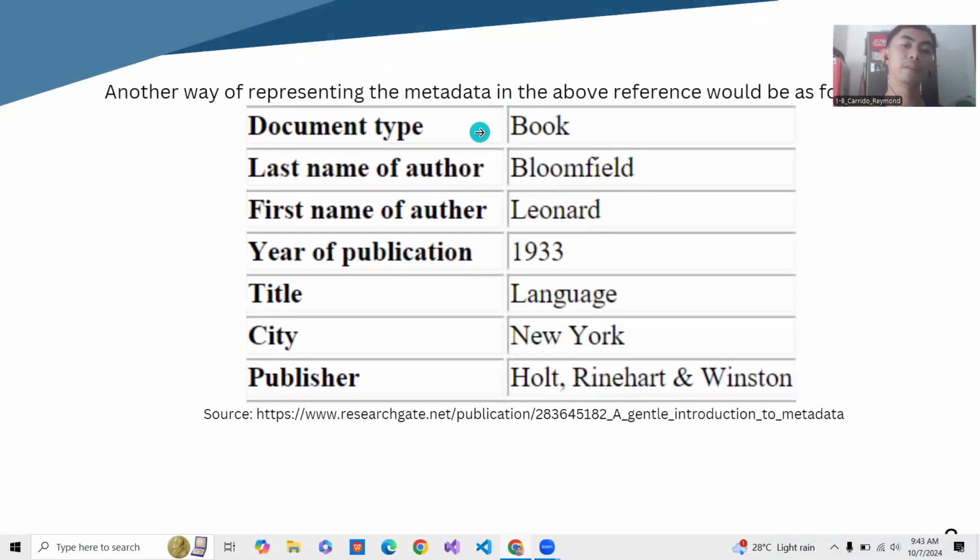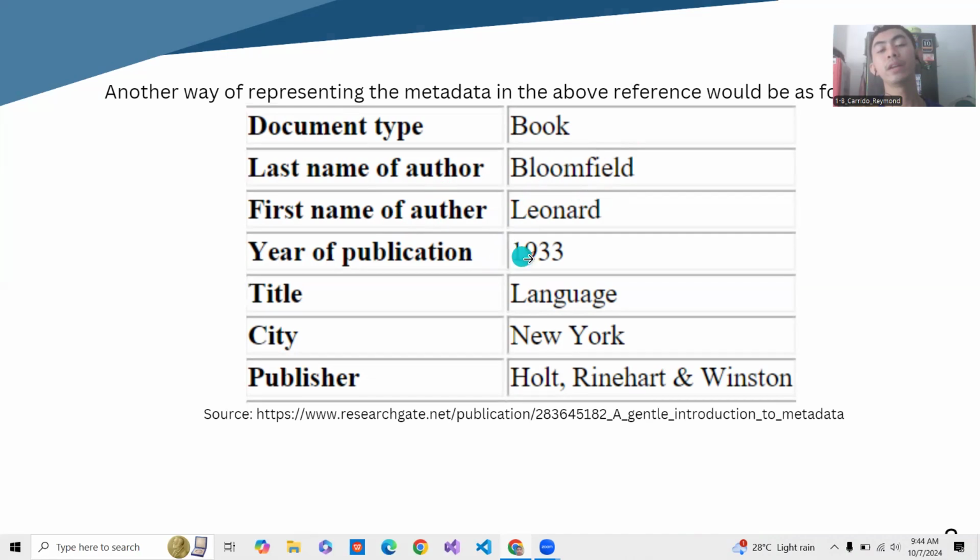As you can see, may document type tayo, last name of author, first name of author, year of publication, title, city, and the publisher. Once na may nakita kayo ganito, it depends sa metadata na hinihingi. Once na sinabi pag document type, maaari siyang book, maaari siya yung mga PDF files, mga gano'n. Of course, when you say last name, first name, we fill out.